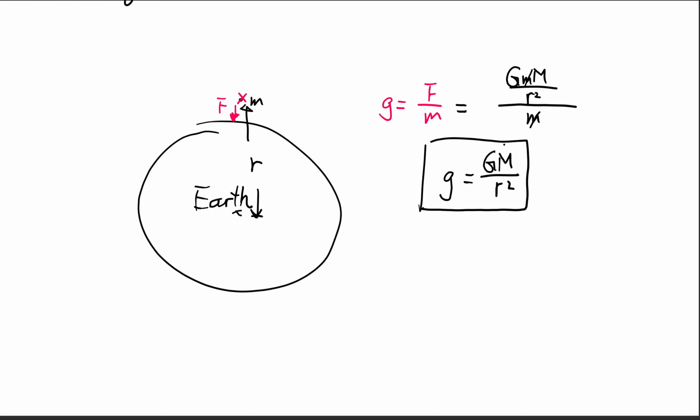The r is the distance between the small m and the center of the Earth, and the big M is the mass of the Earth. So why do we need to specify the point? Because the gravitational field strength depends on the distance between the center of the Earth and the object.